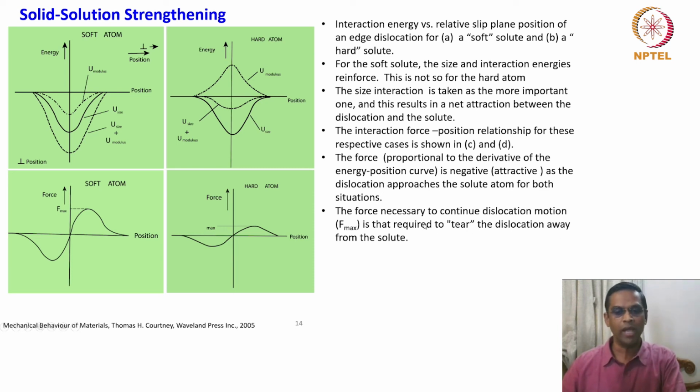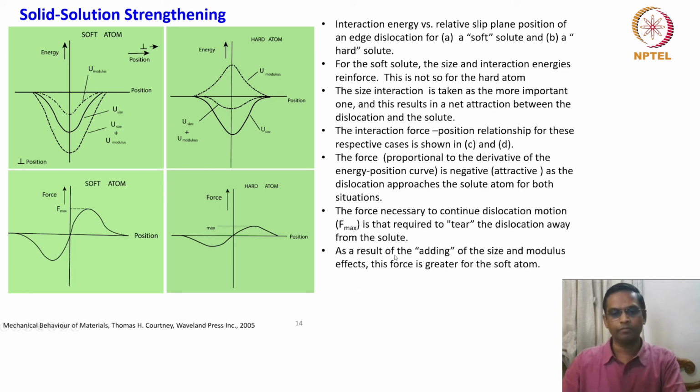So F max should be high enough, whether it is a soft or a hard atom or whatever may be the case. If the dislocation has to move from this obstacle, F max should be higher. As a result of adding the size and modulus effects, this force is greater for the soft atom. Very important idea, as we are talking about a strengthening mechanism.